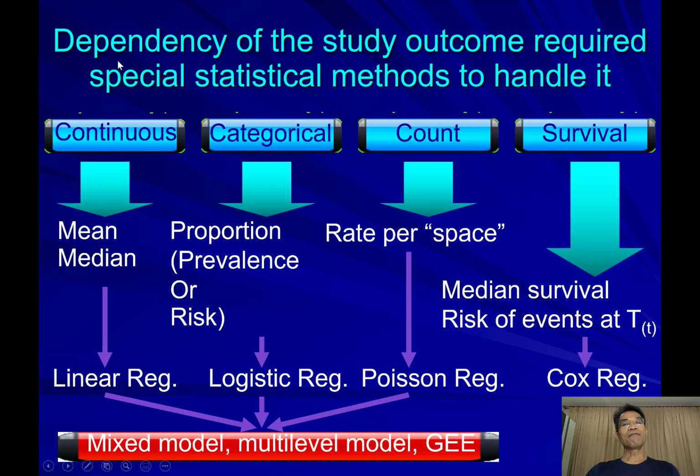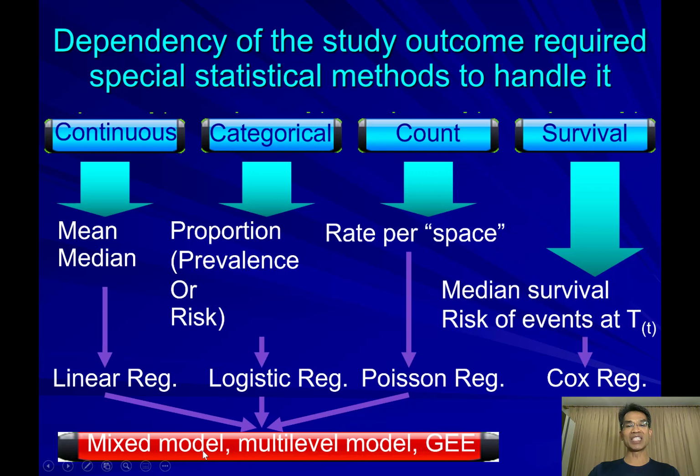So if there is dependency of the study outcome, I emphasize the study outcome, not the independent variable, only the dependent variable, we need methods to handle it.